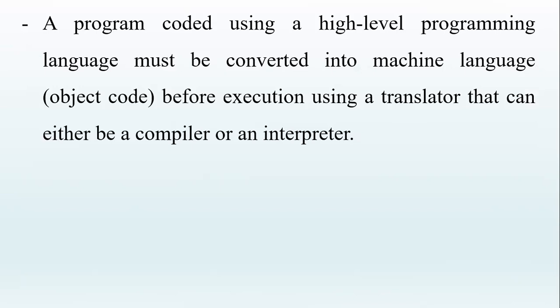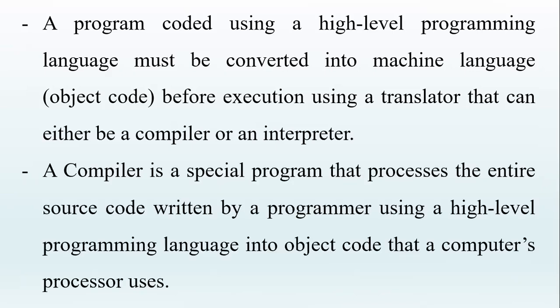My dear students and the rest of the learners, up to this point, I believe that now you have known 3 types of translators: the assembler, the compiler, and now an interpreter. A compiler is a special program that processes the entire source code written by a programmer using a high-level programming language into object code that a computer's processor uses.